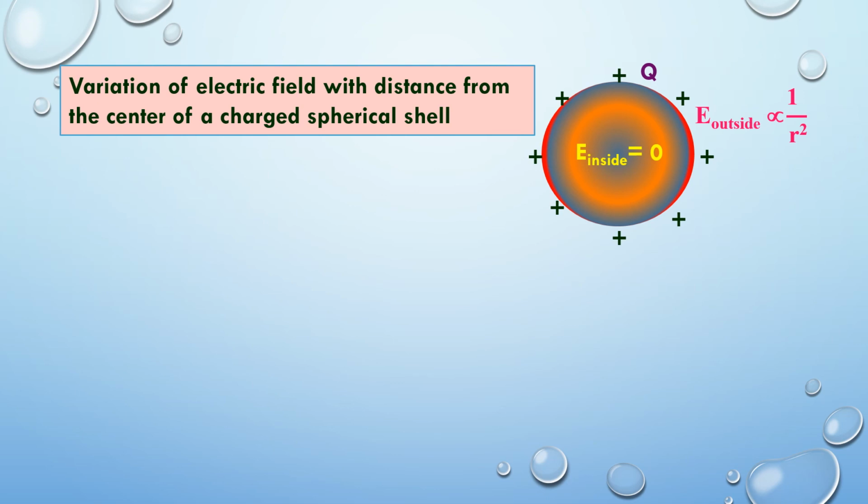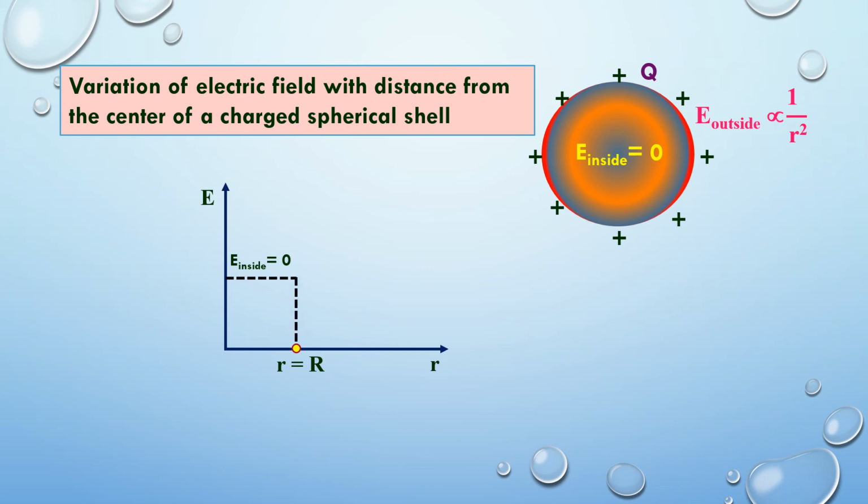The variation of electric field with distance r from the center of a charged spherical shell can be understood by plotting a graph of electric field against distance. As known, the electric field inside is 0, up to the distance equal to the radius of the sphere. There is no charge inside it, so the electric field is 0.